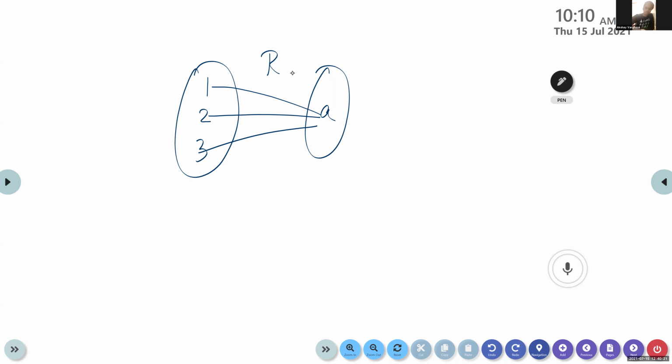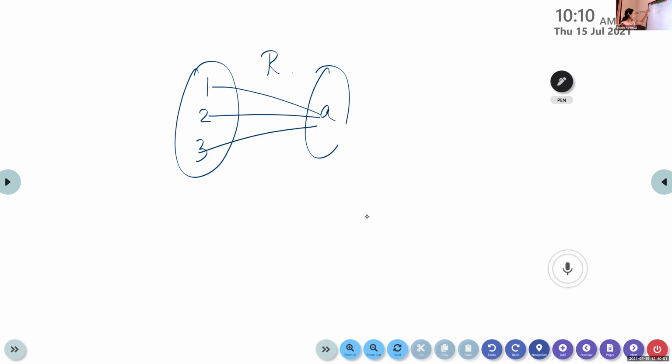Why? Because A has 3 images. No, what we have learned about the image is that it must be unique. See, 1 and A means A is the image of 1. What is the image of 1? A. What is the image of 2? A. What is the image of 3?